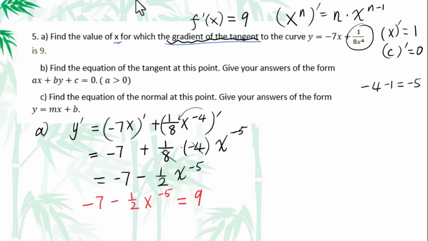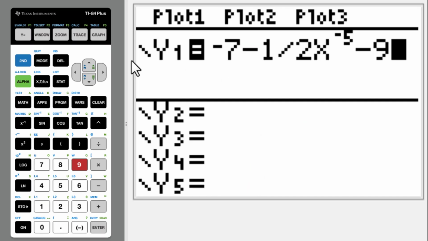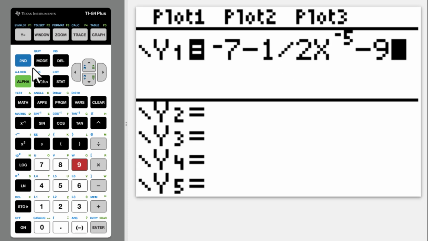To figure out this x, we will use equation solver. Get equal to 0 form. -7 minus 1/2 x to the -5th power minus 9 equals 0. By solver, x equals. We will put left side of equation into y1.